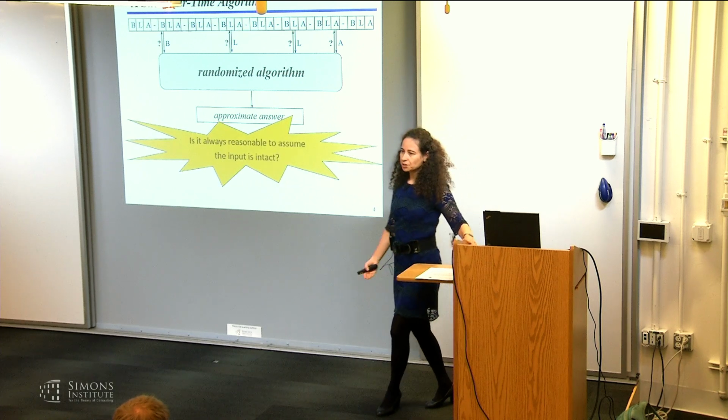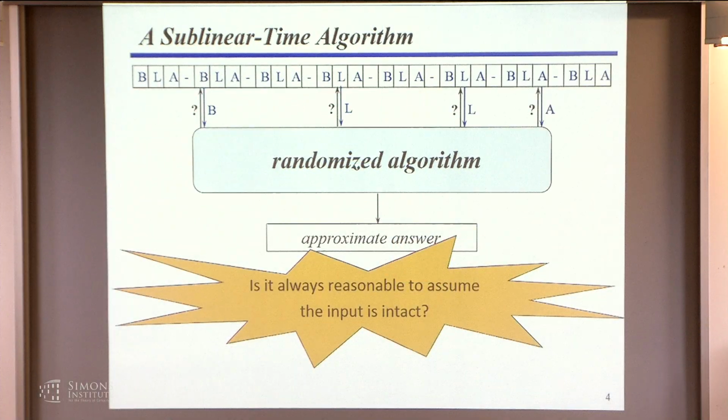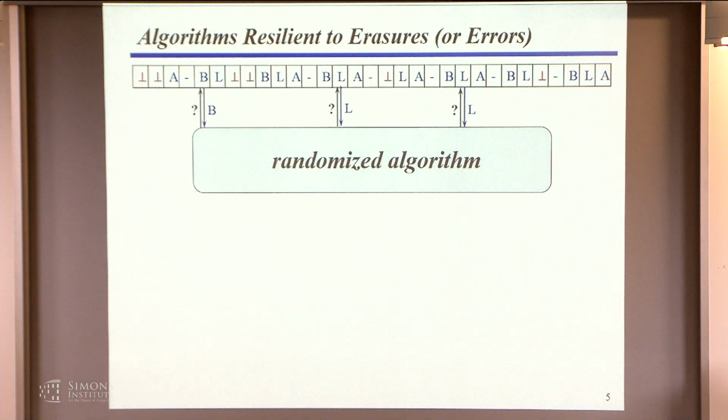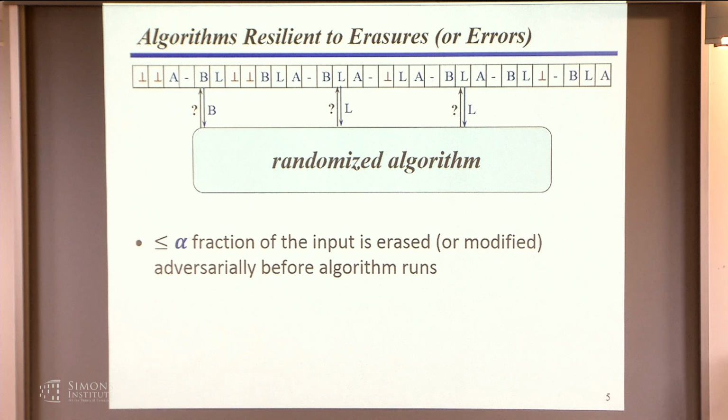However, the question that we asked was, is it always reasonable to assume that the input is intact? It could be the case that there are errors in the input or erasures. These are the types of corruptions that we're going to consider. Specifically, we wanted to understand what happens when there are erasures in the input.